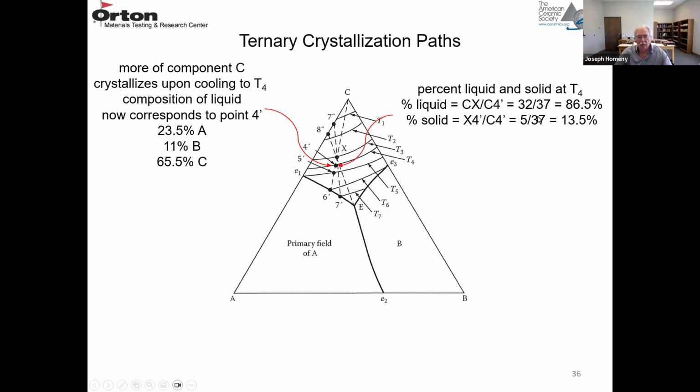So there's about 86% liquid present at that point. The percent solid is X to 4', that segment over C 4', or 5 over 37%, is about 13% solid. So we're crystallizing along this tie line.